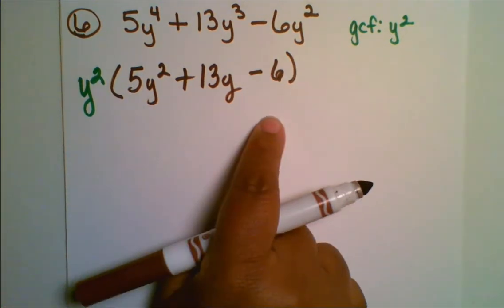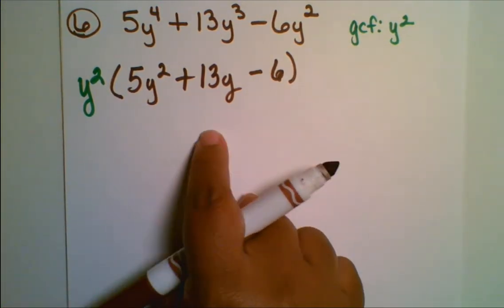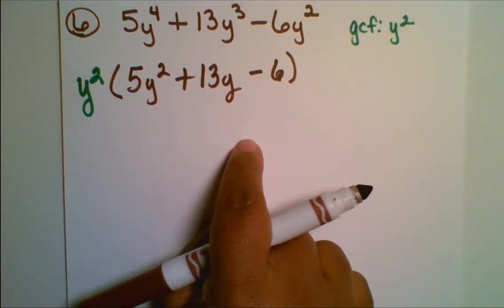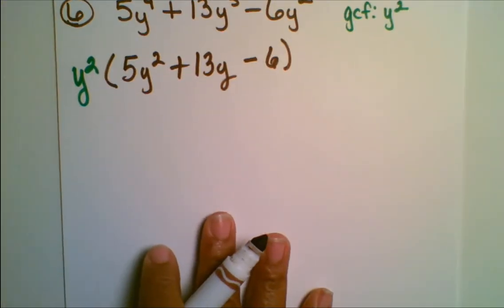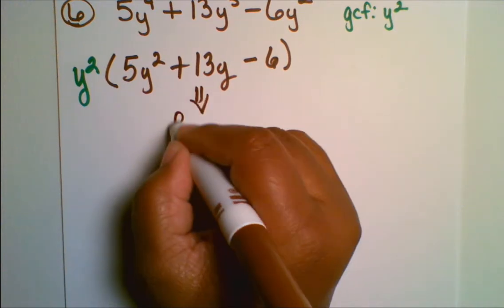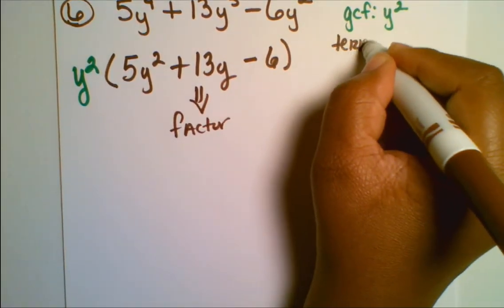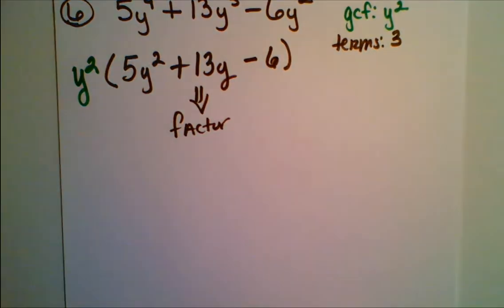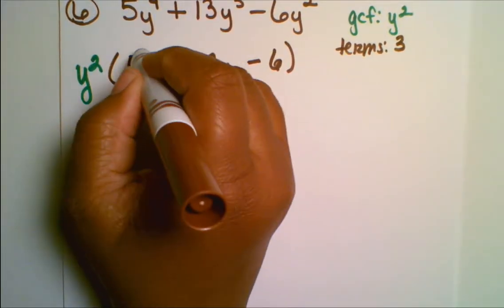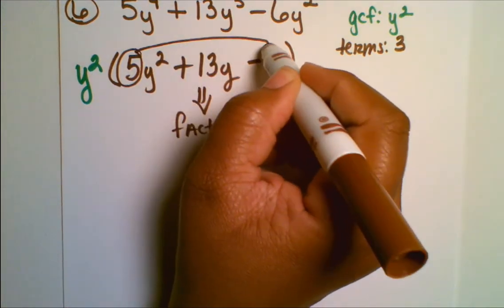Now we have 3 terms, and we're going to use the slide and divide method. We're going to factor the trinomial. So let's slide. Take the 5, multiply it to the minus 6.